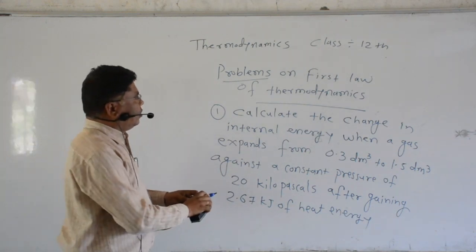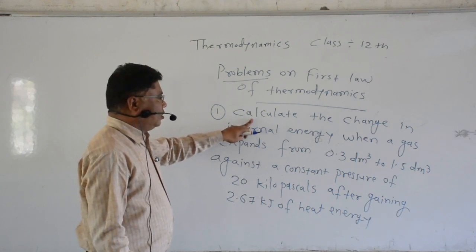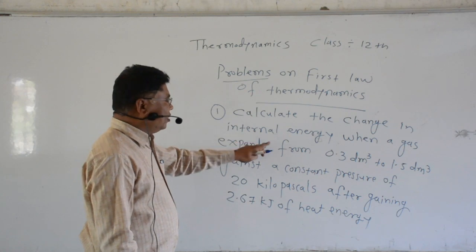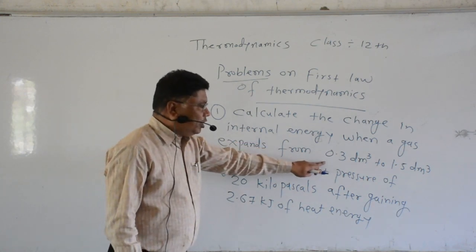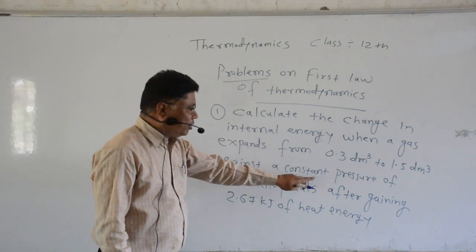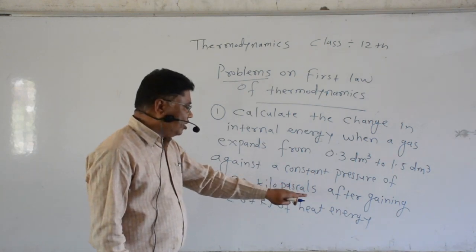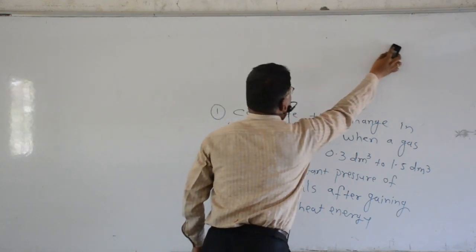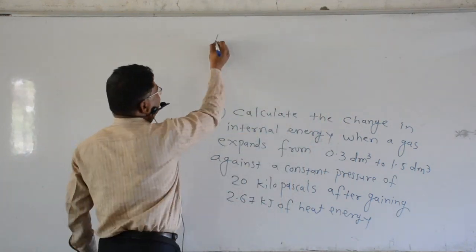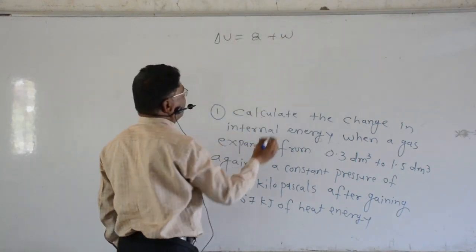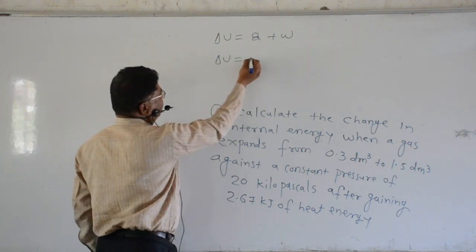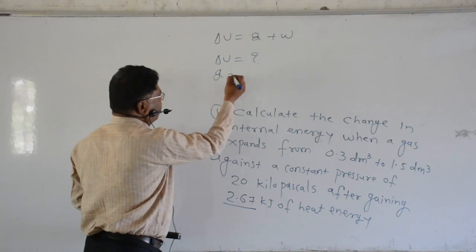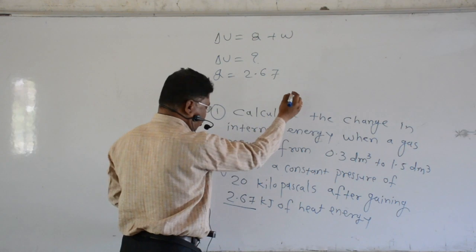When we read this problem carefully, calculate the change in internal energy means we want to calculate delta U. According to the first law of thermodynamics, delta U is equal to Q plus W. The value of Q is given, that is Q is equal to 2.67 kilojoule.